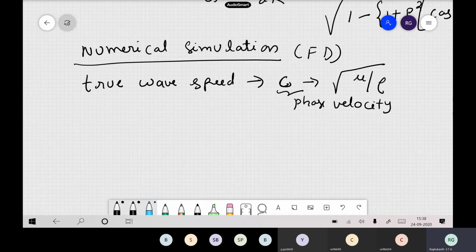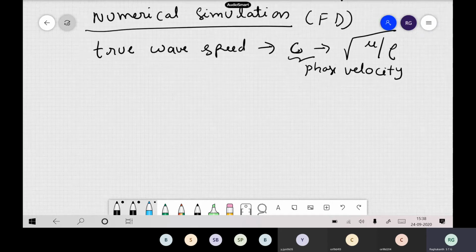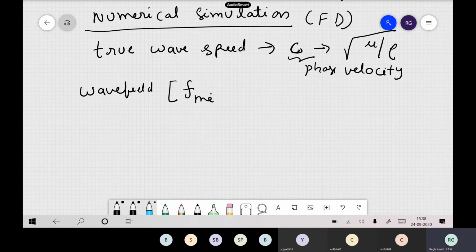Now let us say I want to simulate, or generate, waves with a frequency range from some f minimum to f max. For example, in earthquakes, what is our f minimum to f max?